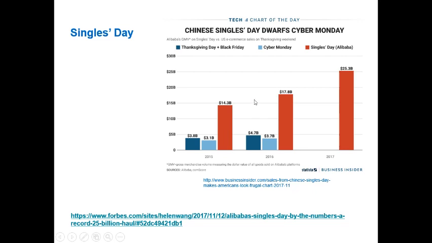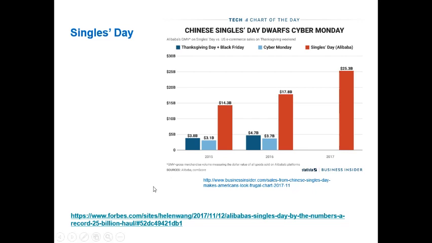And the same trend for 2016 and 2017. By the time this chart was built, there was no data for the US Thanksgiving and Cyber Monday, but pretty much it is the same tendency.